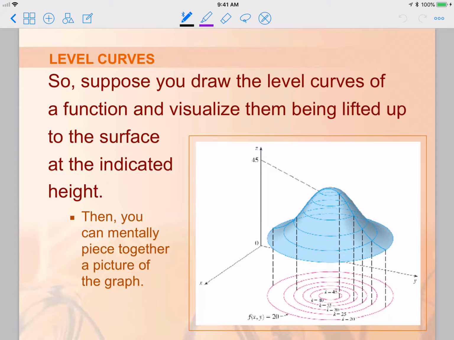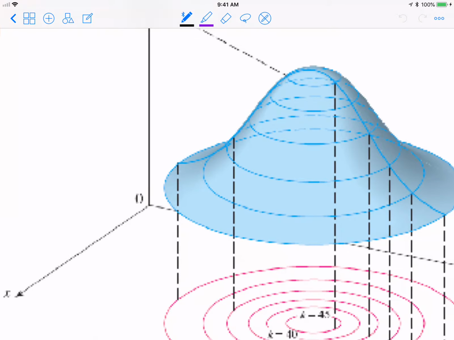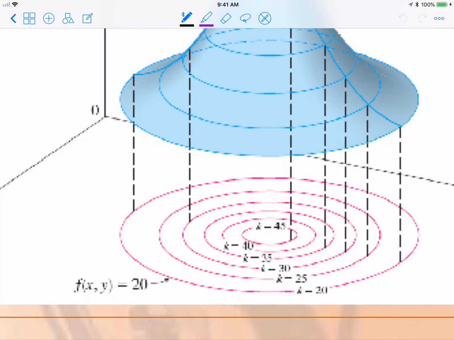Okay. So now one of the things you can notice is that it's easy to go from level curves up to the trace, because you can think of it as just taking the level curve and raising it up based on the value here. I don't know if you can tell here, but it says k equals 20, and now this says k equals 25.